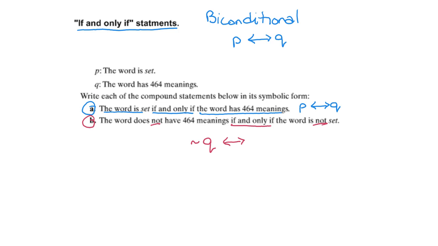The word is set is P, but we have the word is not set, so this is not P. And these are the symbolic forms for both of these statements. So remember, if and only if means we're working with a biconditional statement.